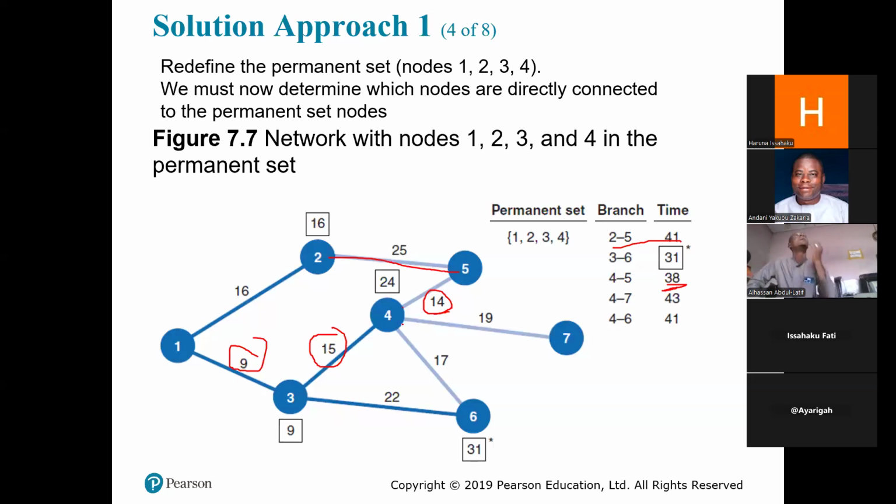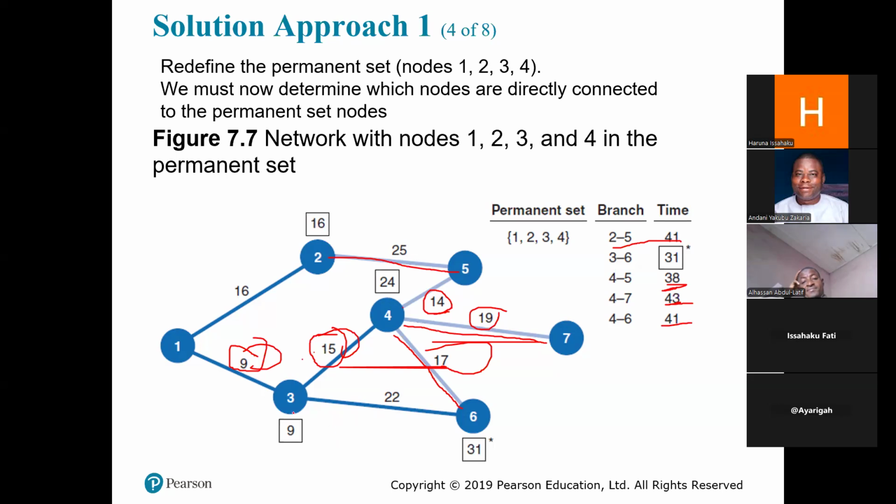Then we also have 4 to 7, which will be 9 plus 15 plus 19, which is 43. Then we also have 4 to 6, which will be 9 plus 15 plus 17, which will give us 41.